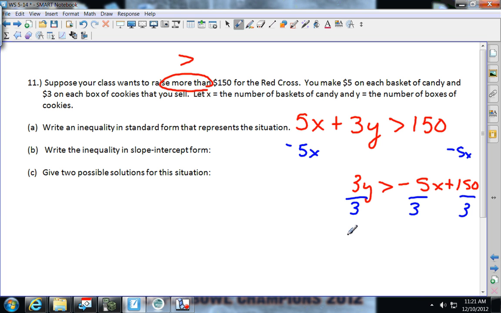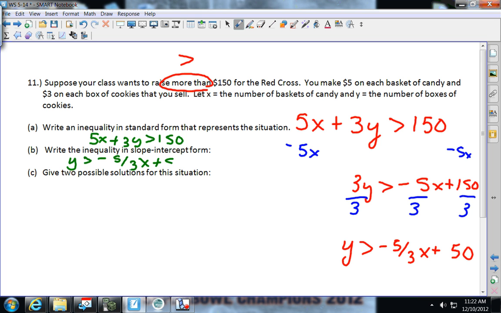So the equation is y is greater than negative 5/3 x plus 50. So in other words, when it's in standard form, it is 5x plus 3y is greater than 150. An equivalent inequality in slope-intercept form is y is greater than negative 5/3 x plus 50.